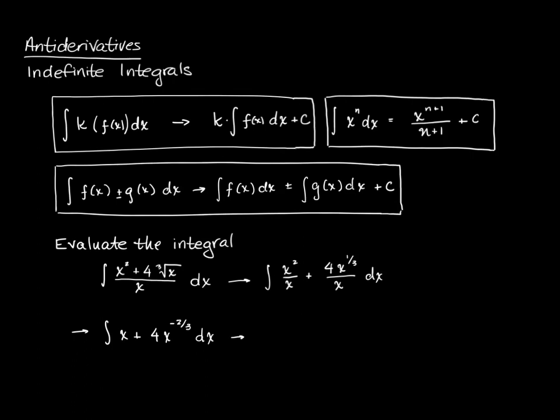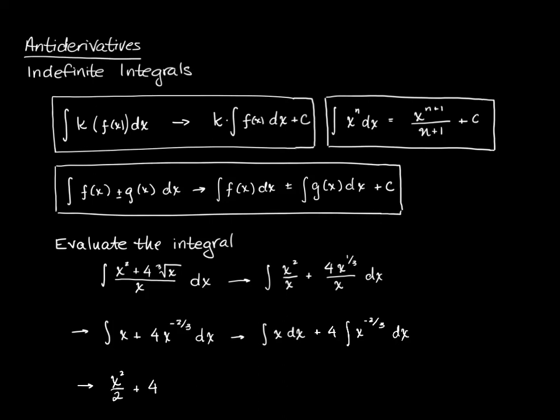First of all, I can separate it into the sum of two integrals, and I can pull the 4 out in front of the integral of the second term. Now I'm ready to integrate. The integral of x is x squared over 2.